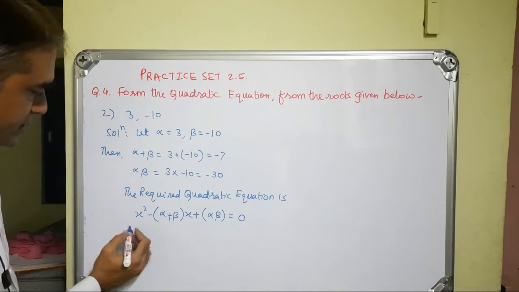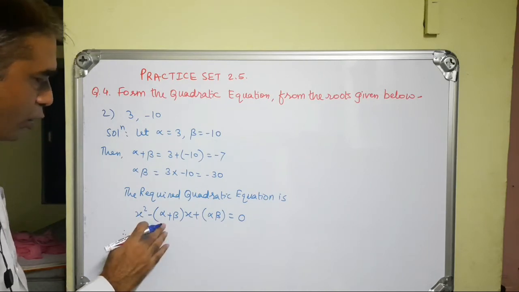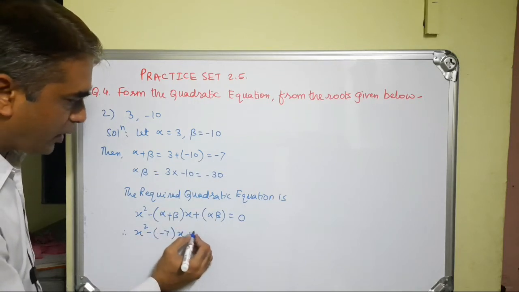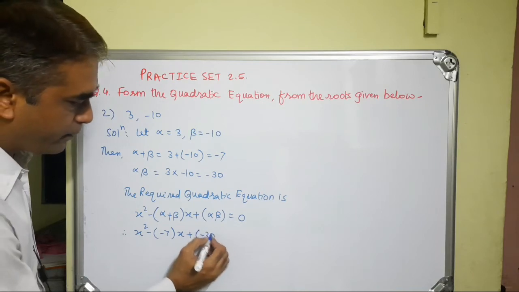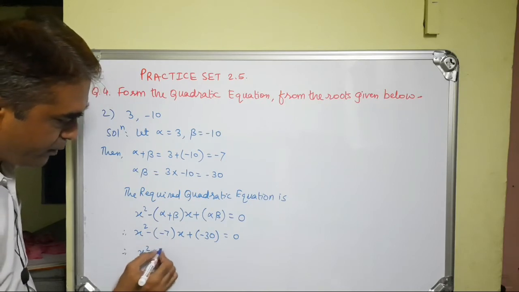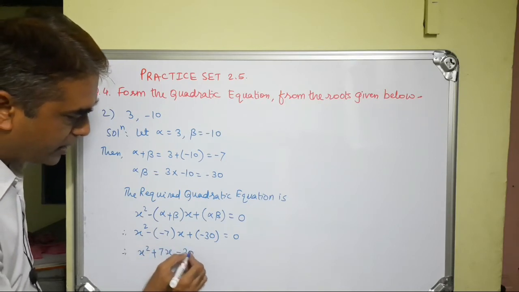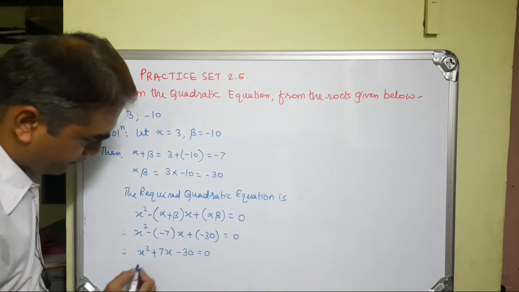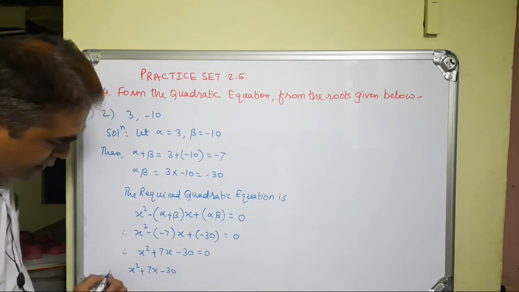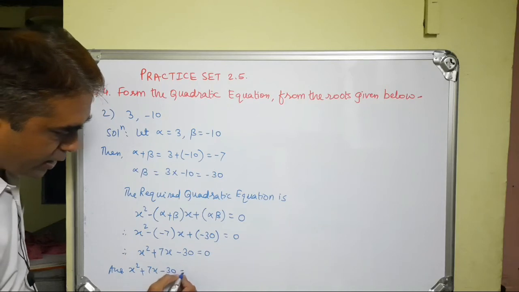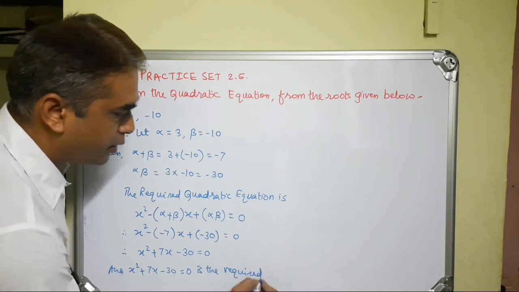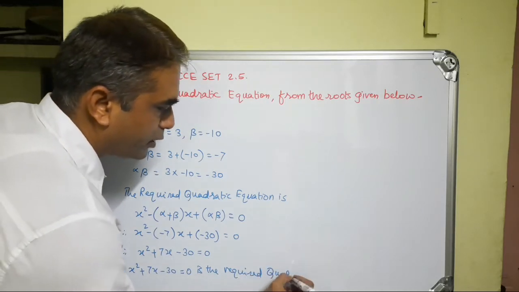Therefore x square minus the sum of roots, negative 7, into x plus alpha into beta, negative 30, equals 0. Therefore x square, this will be plus 7x and minus 30 equals 0. So x square plus 7x minus 30 equals 0 is the required quadratic equation.